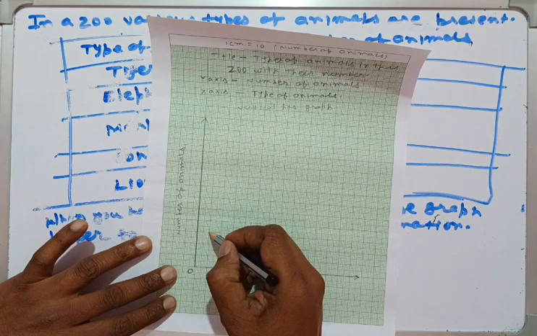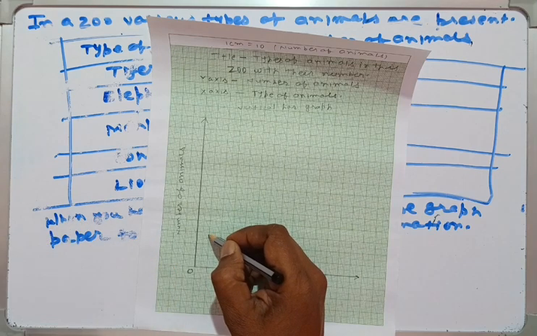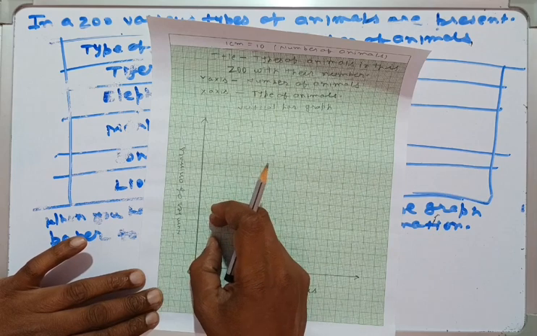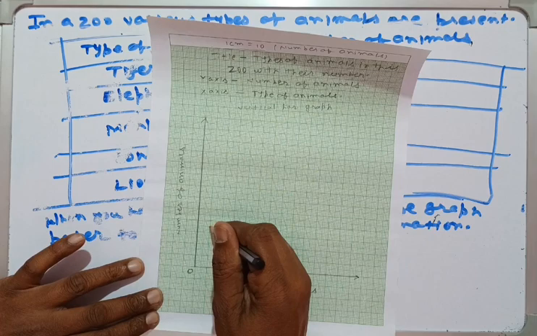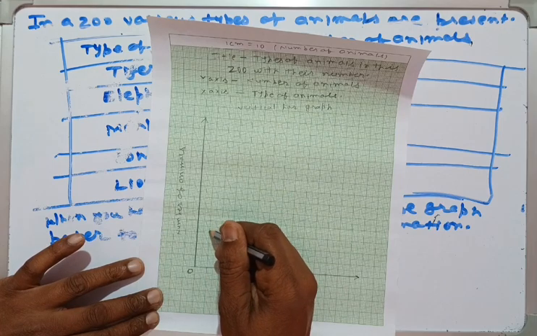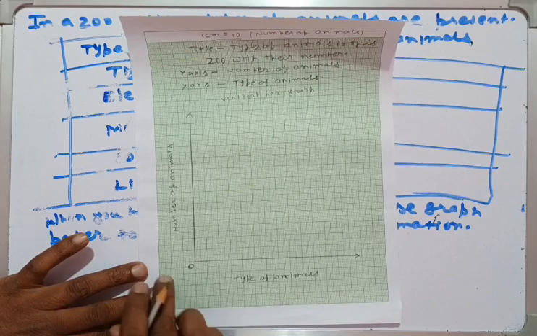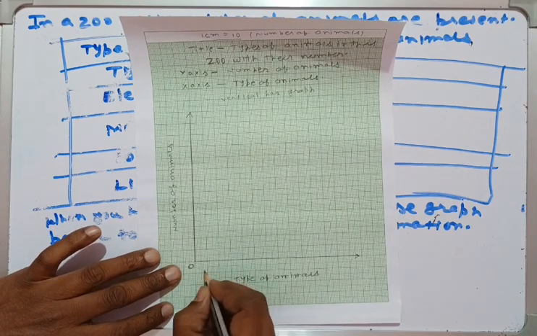When you go up 10, then again it becomes 1, then 11. So this line is also divided into 10 equal parts. So when you go to this point, then you go up 5 more points.